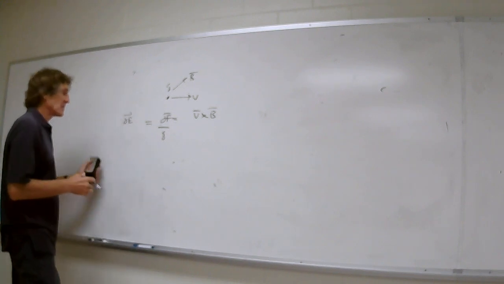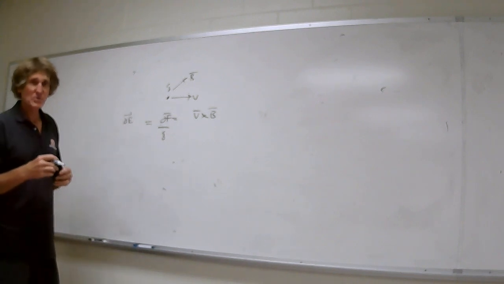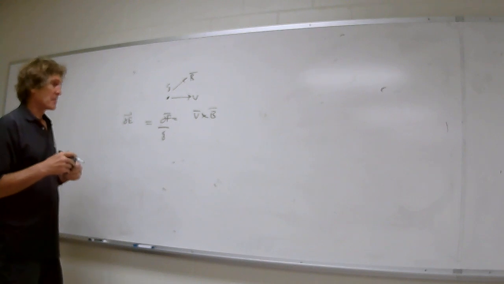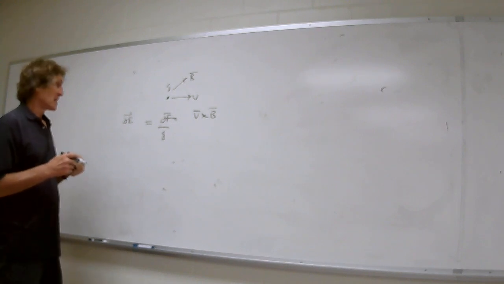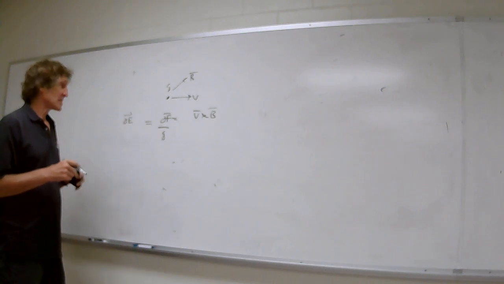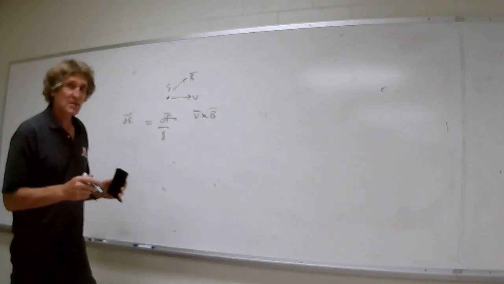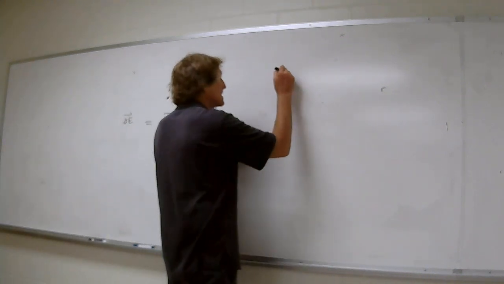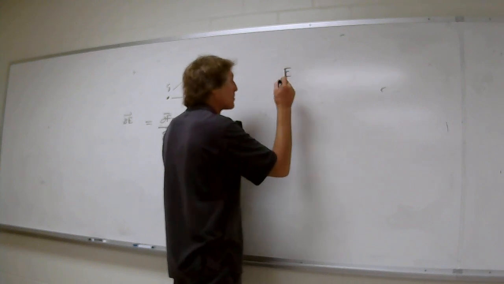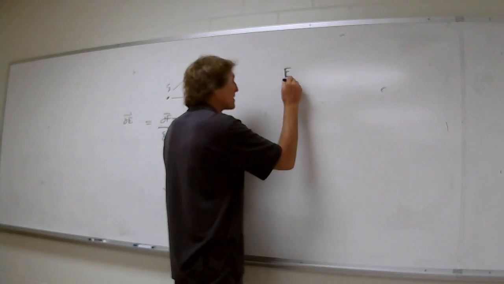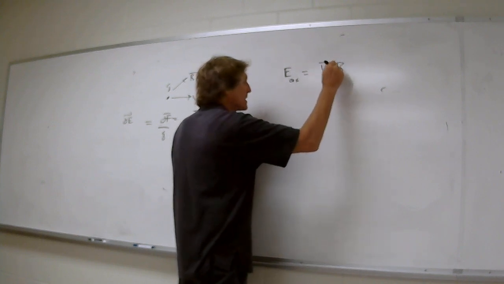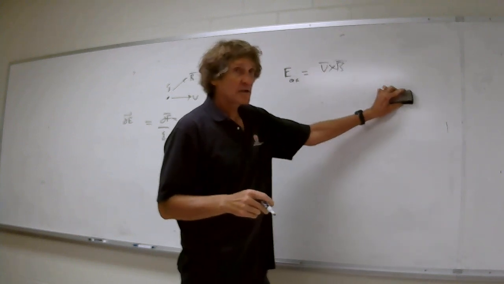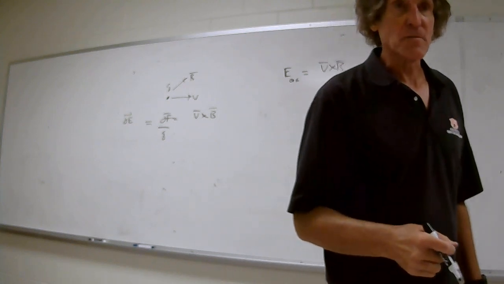And this is an electric field due to motion. The B field can be a constant, but the velocity of the charge is really what's allowing this to happen. So the electric field from motional EMF is simply V cross B. That's all it is, and it's in volts per meter.